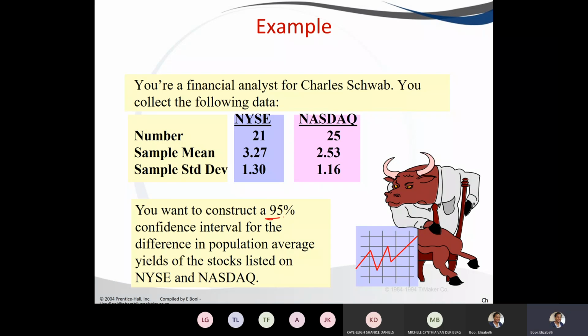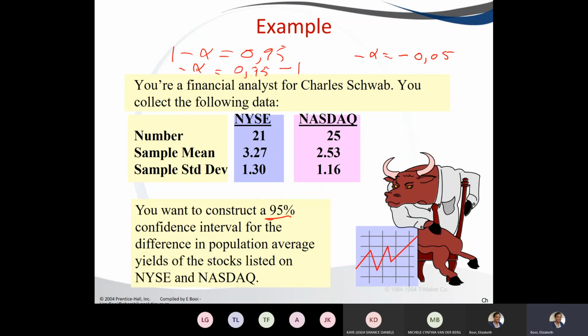It's easy to find the level of significance because a 95% confidence interval is 1 minus alpha equals 0.95. So minus alpha will be equal to minus 0.05, and we need to get rid of the negative.